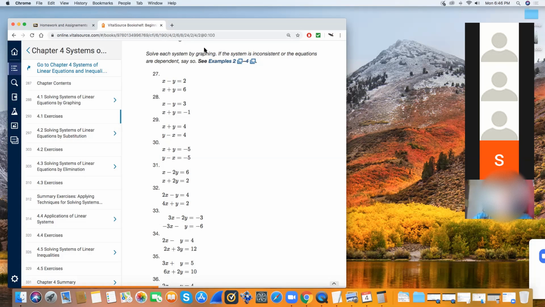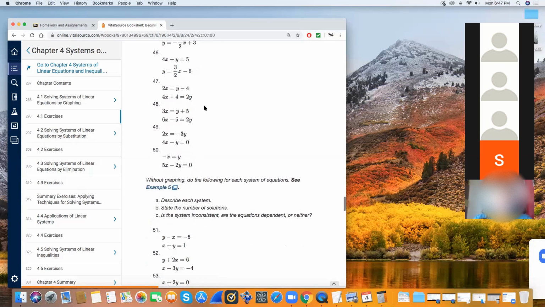This time we're doing graphing, so we're not actually solving the equations like we did earlier. We're going to have to graph both lines and see, as I mentioned earlier, whether the lines intersect at one point, are parallel with no intersection, or the two lines overlap, therefore many solutions.